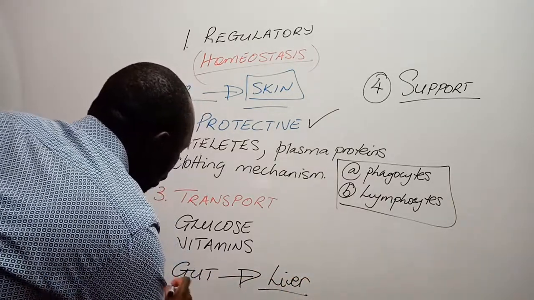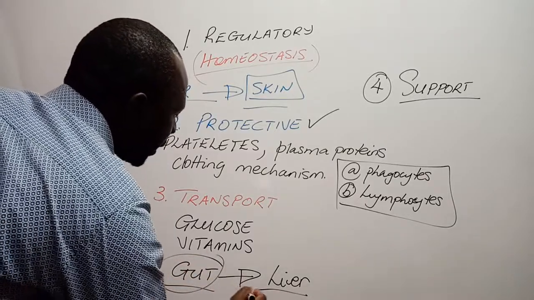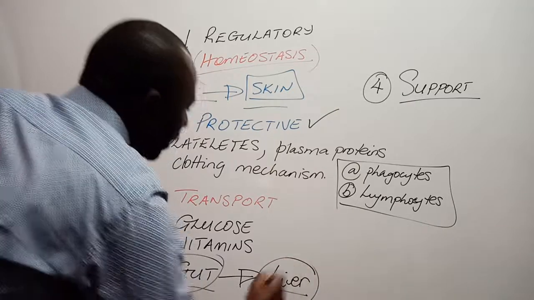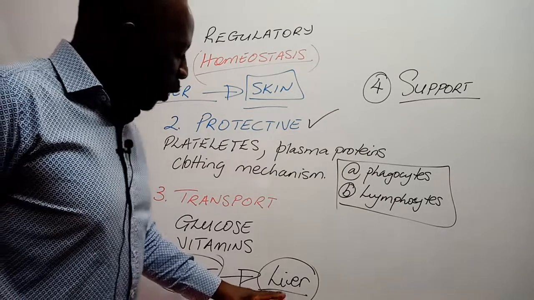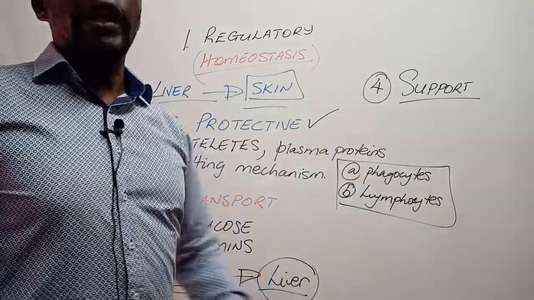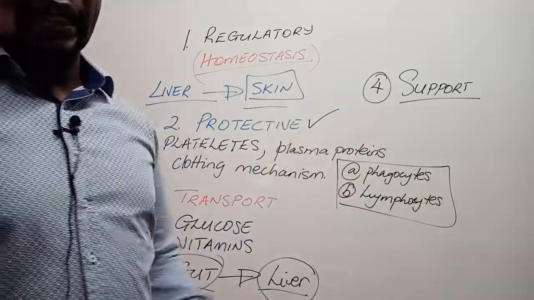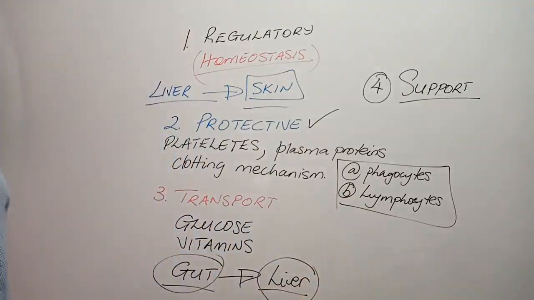Okay, so this is where they are manufactured, and this is where they are processed, or this is where they are used. Then when they are processed at the liver, they are then circulated by blood to the areas where they are necessary. Okay.